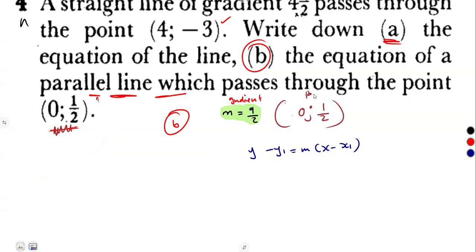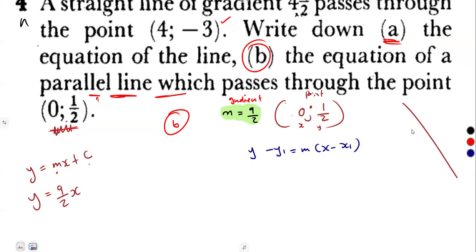So that's our point that we are given, and this point is a special point: it is the y-intercept, where x is 0. So you can even just use the equation y is equal to mx plus c, where m is the gradient. You put that gradient as it is, 9 over 2x. C is the y-intercept, where x is 0.